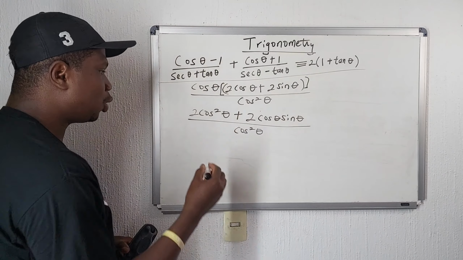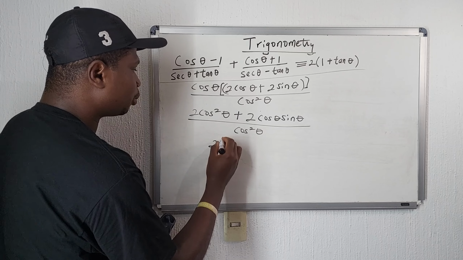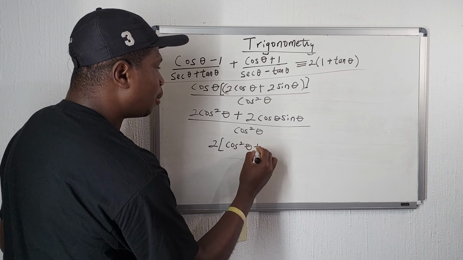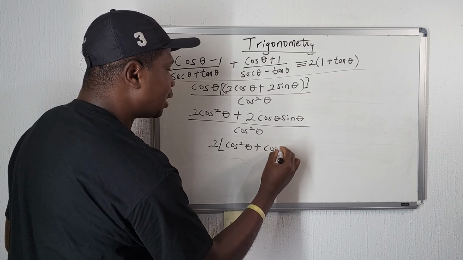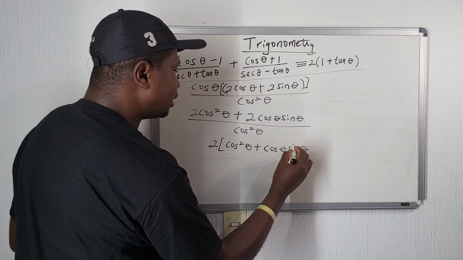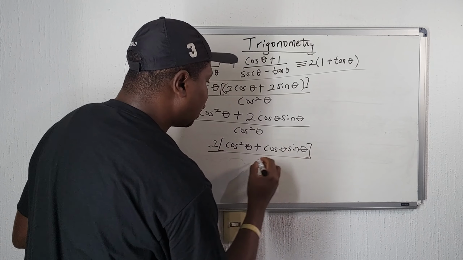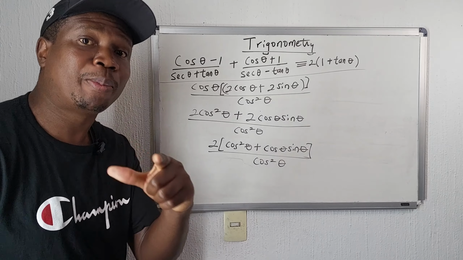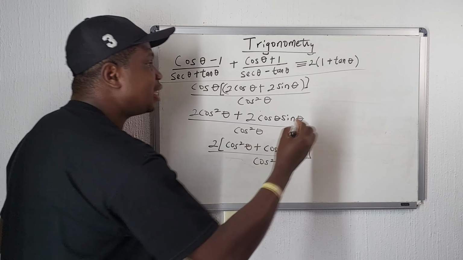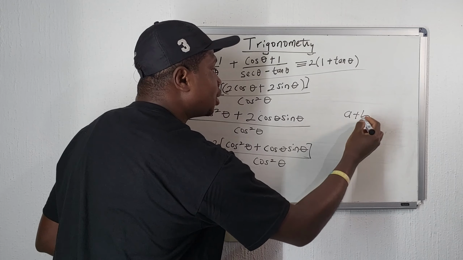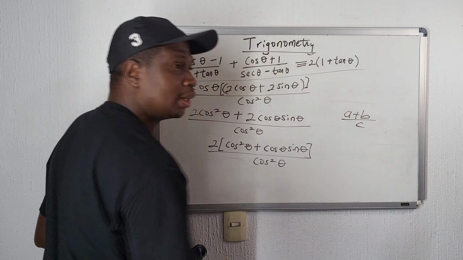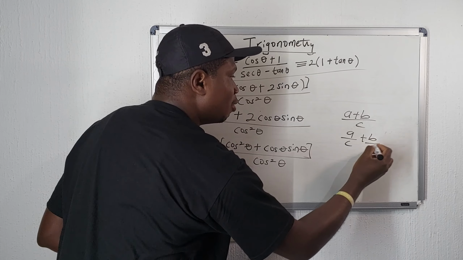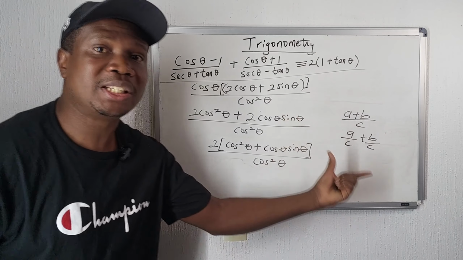So I can factorize 2 out. So I have 2 into what? Cos square theta plus cos theta sine theta over cos square theta. Now, remember in properties of fraction, we have that if we have A plus B over C, we can say A over C plus B over C. It's a valid property of fraction.